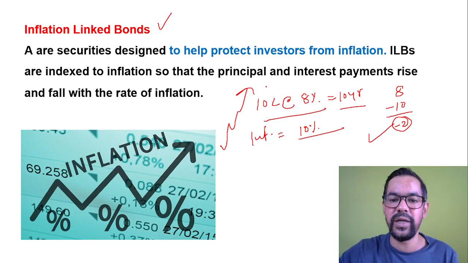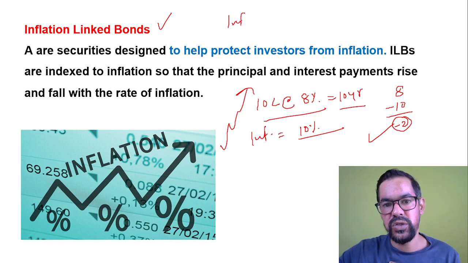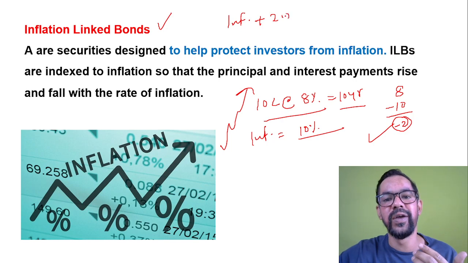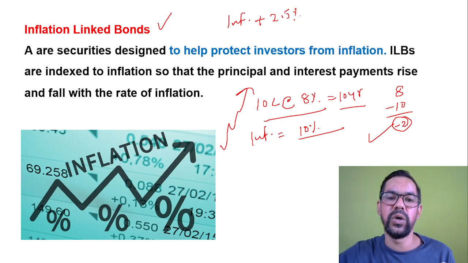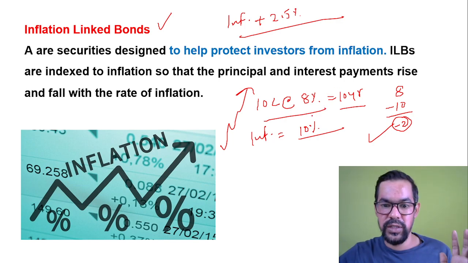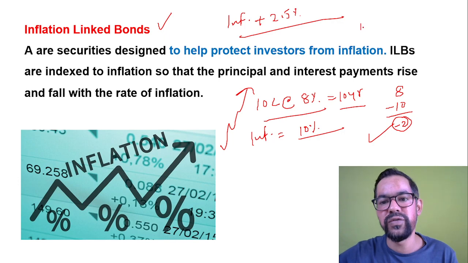They mention that the rate of interest is inflation plus 2.5% or 1.5% or 1.75%. Whatever the inflation is, let's say inflation during the last 10 years was 15%, no worry, 15 plus 2.5%, this will be your return.